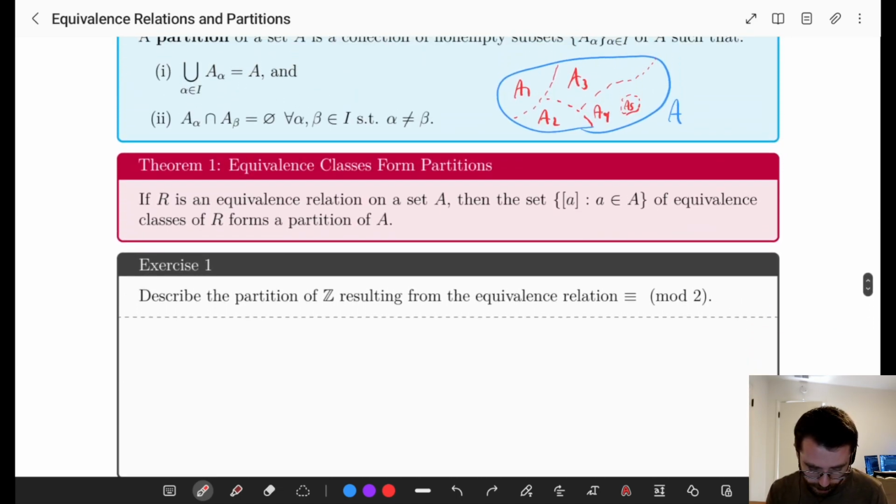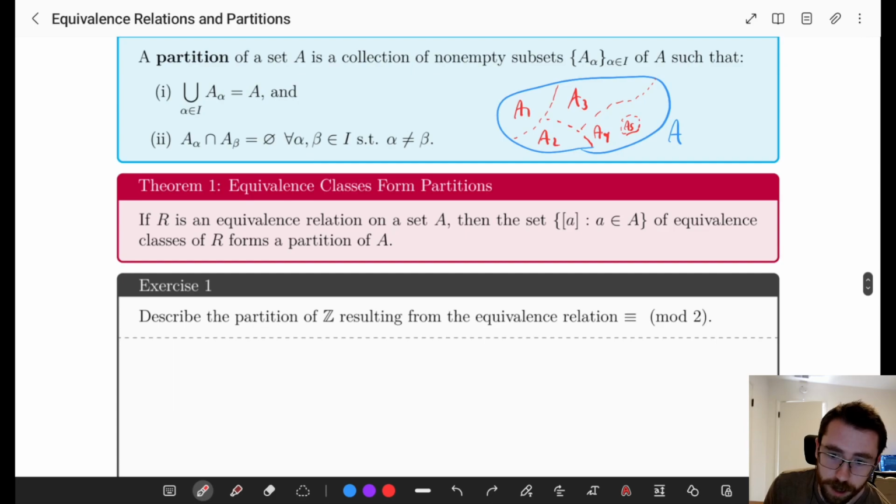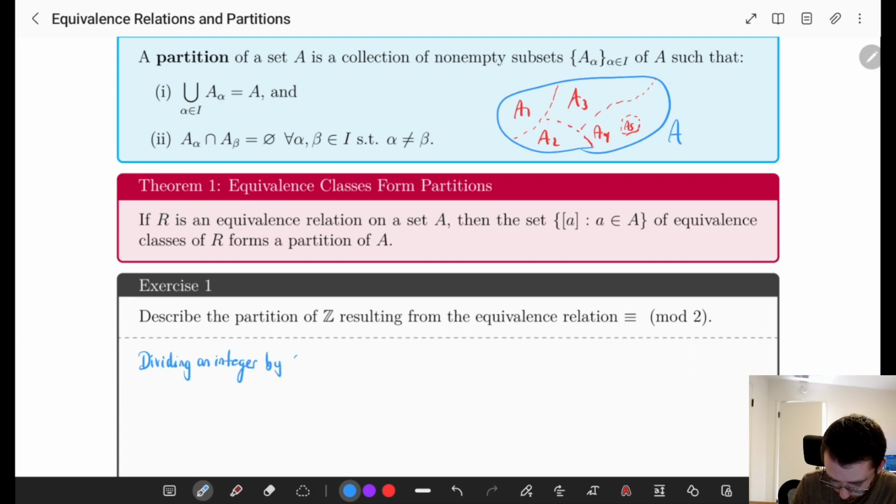What is the partition resulting from congruence mod 2? Well, if we divide an integer by 2, we are left with two options for what the remainder is. Right? You either have remainder 0 or remainder 1.